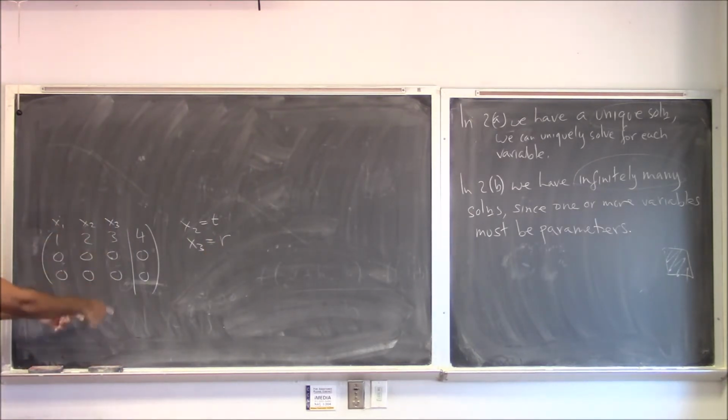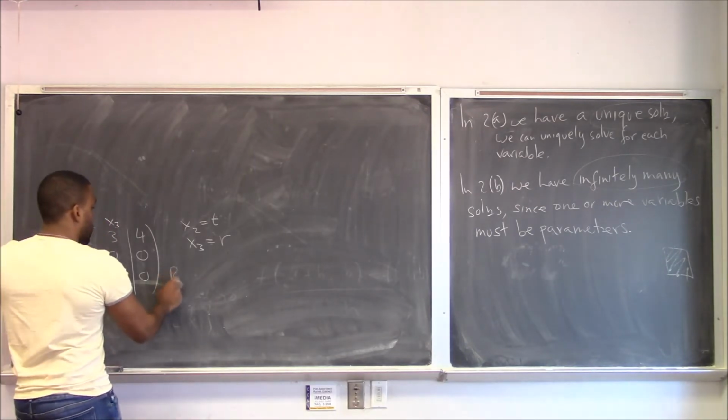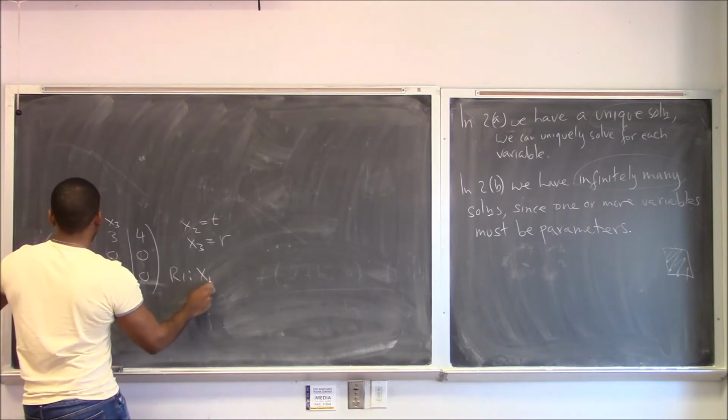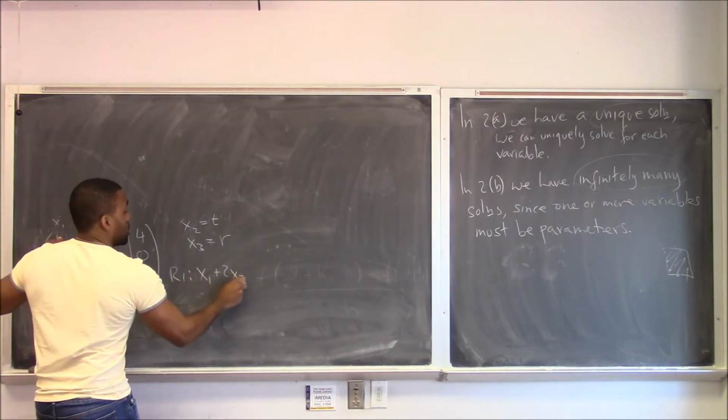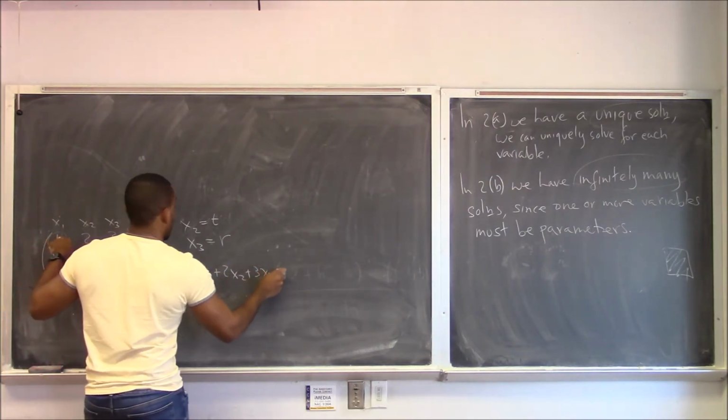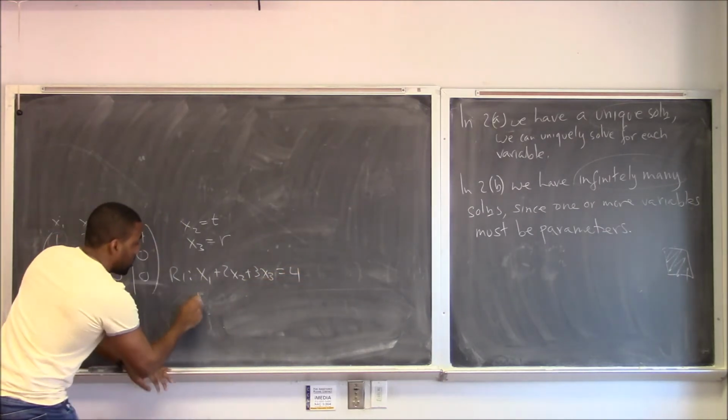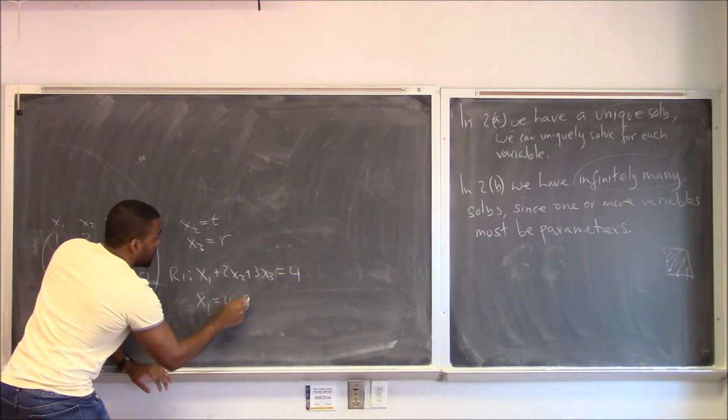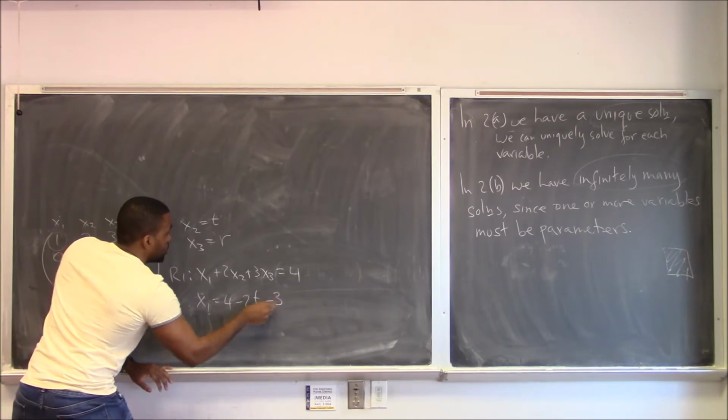Because both of these guys don't have pivots in their column, there's only one pivot in this entire thing, and that's in the x1 column. Now I can go into row 1 and solve for x1.